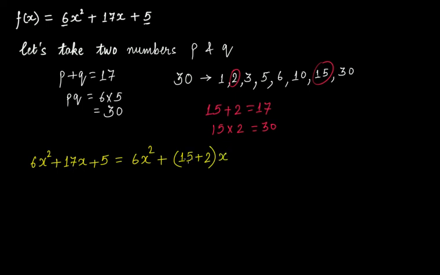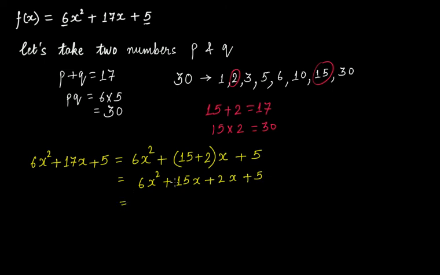We have split this middle term. So from here you get 6x squared plus 15x plus 2x plus 5.